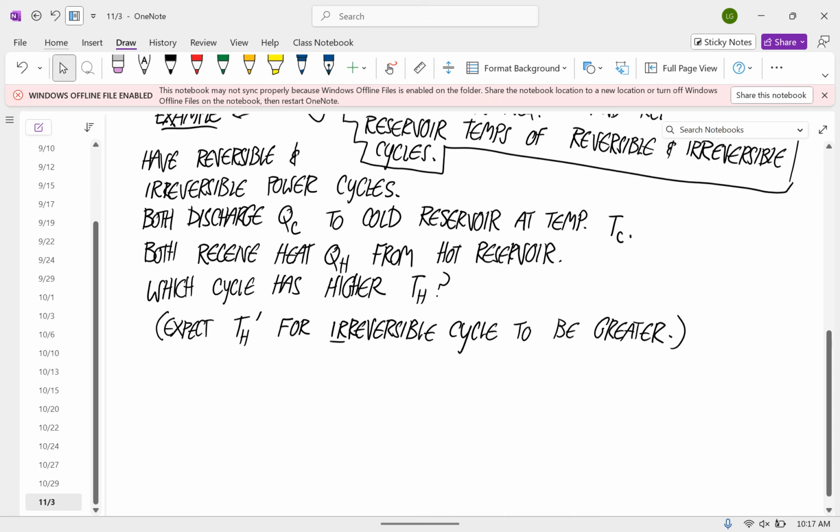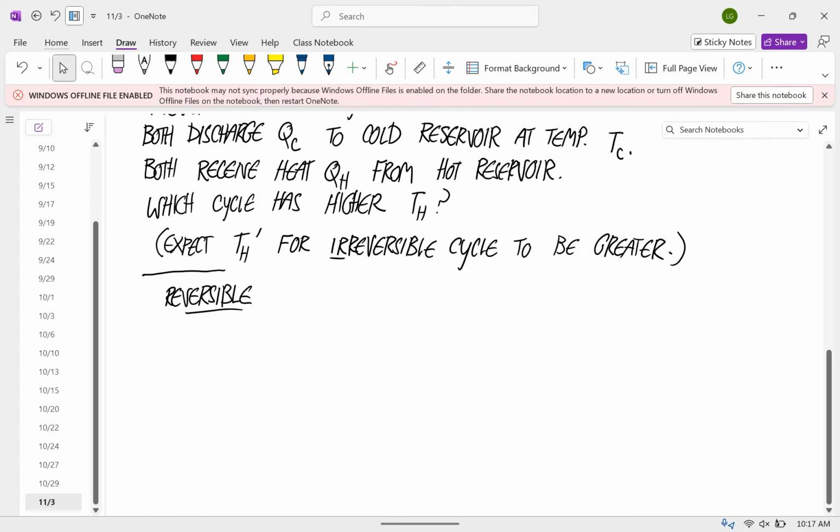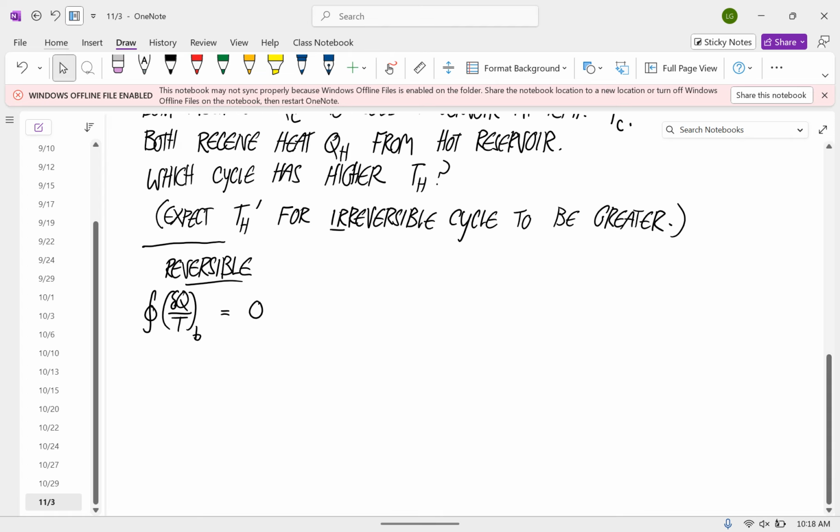Okay, so the Clausius inequality for the reversible cycle: we know that the integral for this cycle of all the heat transfers divided by the temperature where it's transferred has to be equal to 0. That's the rule for the Clausius inequality for a reversible cycle.